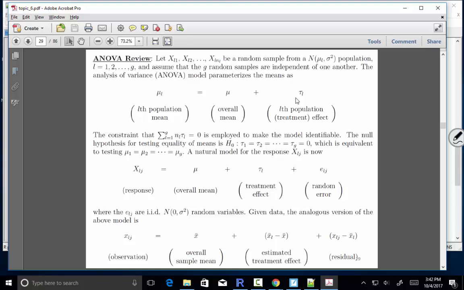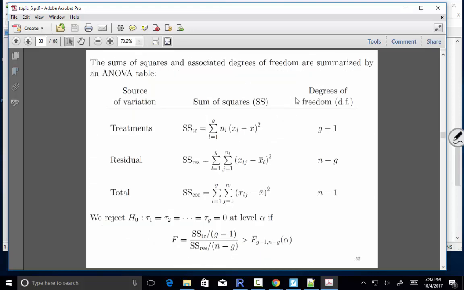Does diet have an effect on the average? So our null hypothesis is that all those treatment effects equal 0. Under the null hypothesis, there's no difference in the average across the comparison groups.